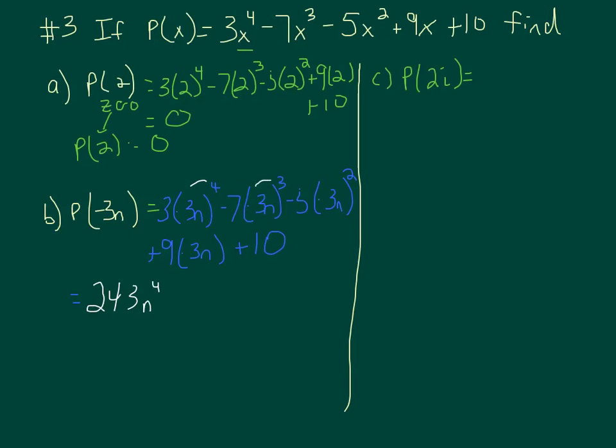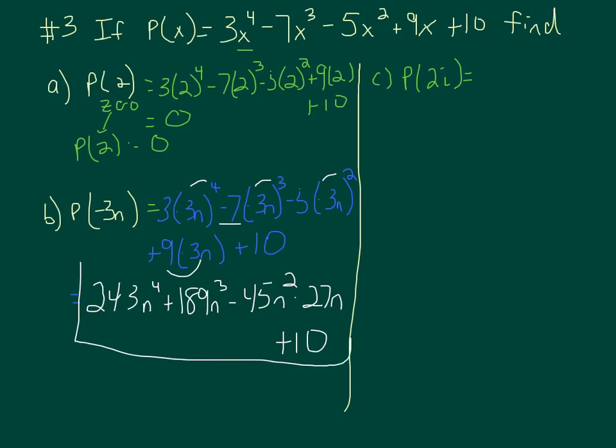Negative 3 cubed is negative 27, but when you take it times negative 7, you get positive 189n to the 3rd power. Negative 3 squared is 9 times negative 5 is negative 45n squared. 9 times negative 3 is minus 27n, and then plus 10 is just hanging out by himself. There you go. That's p of negative 3n.